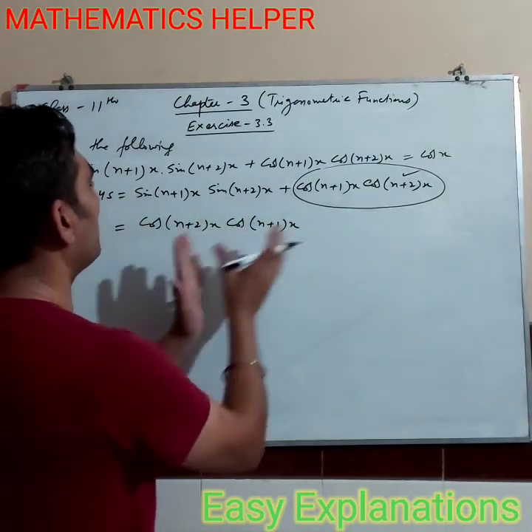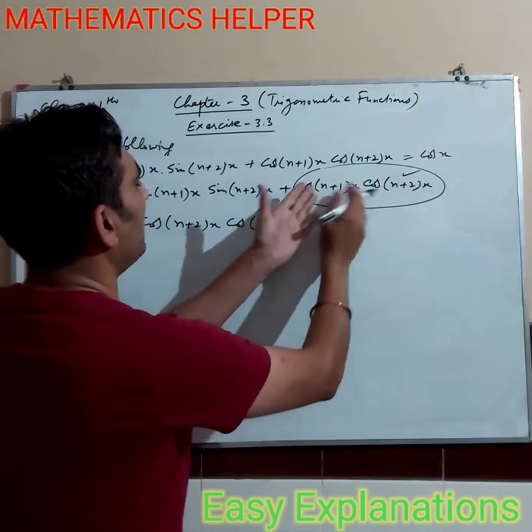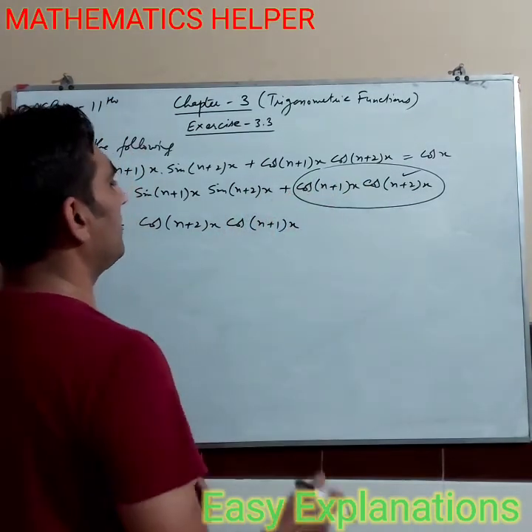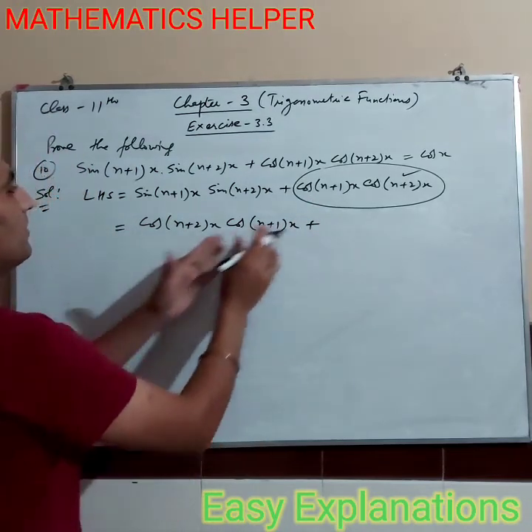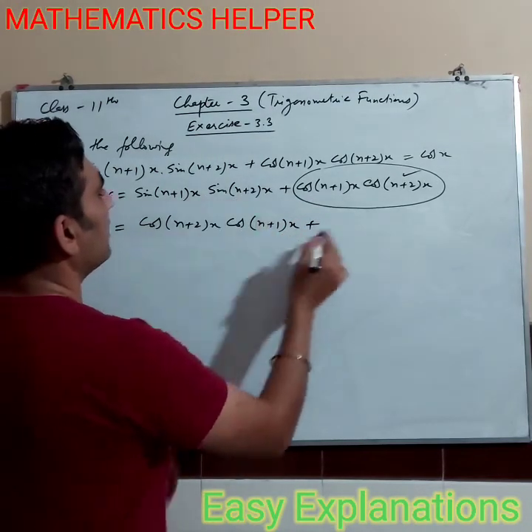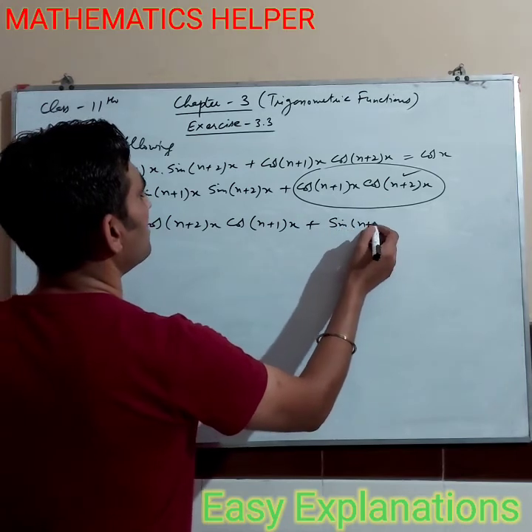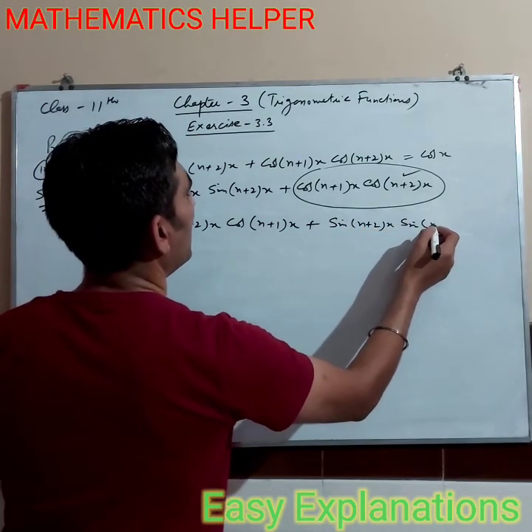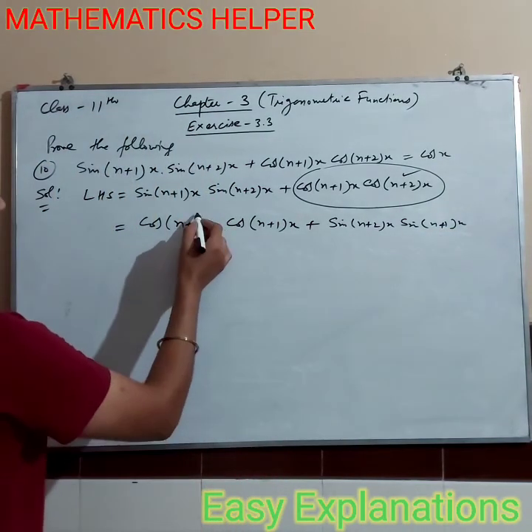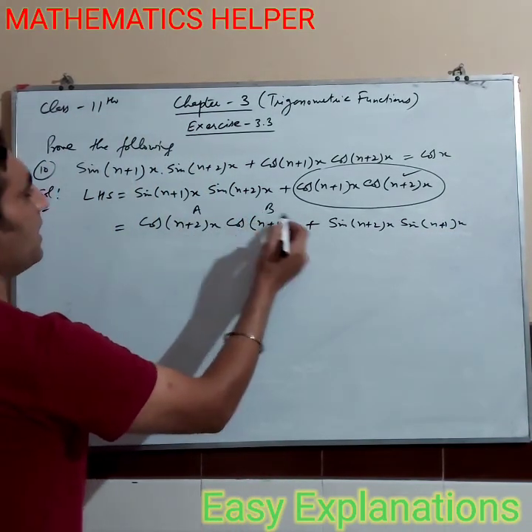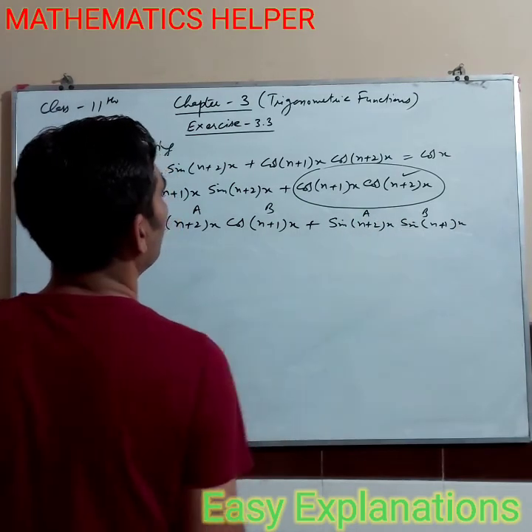This is the first combination. There is no difference. If I write a into b or b into a, the product will remain the same. Similarly, there is a plus sign, it is positive. I marked the plus sign here. Then reverse order: sin(n plus 2)x sin(n plus 1)x. So we have this. Isn't it the same as cos a cos b plus sin a sin b?